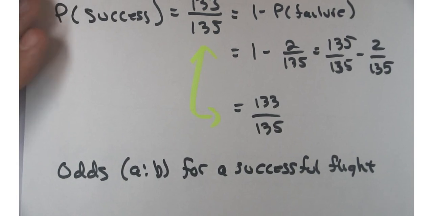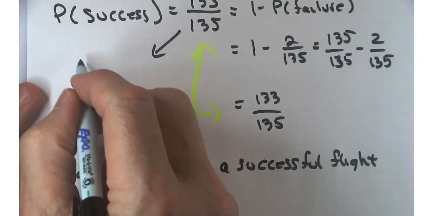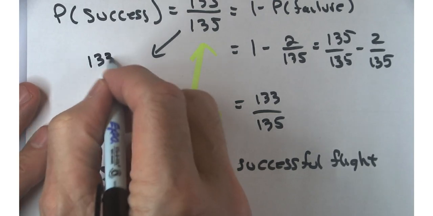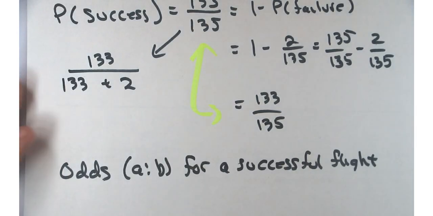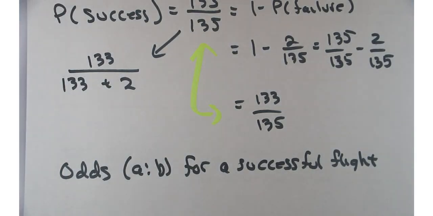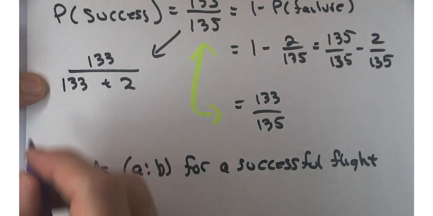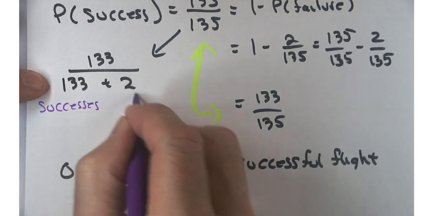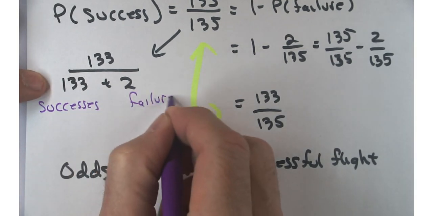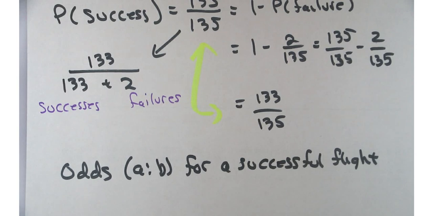For that, I would direct your attention to that 133 over 135. What does 133 here represent? Your successes. And this is your failures. So give yourself a second, see if you can figure out the odds for a successful flight.